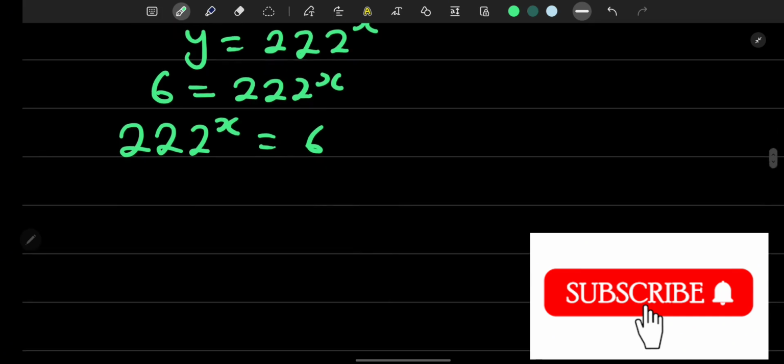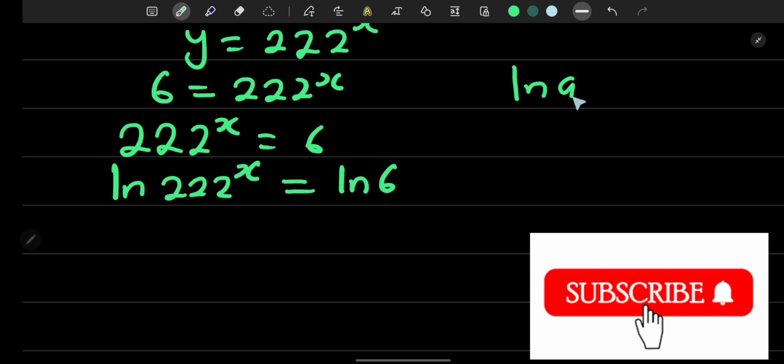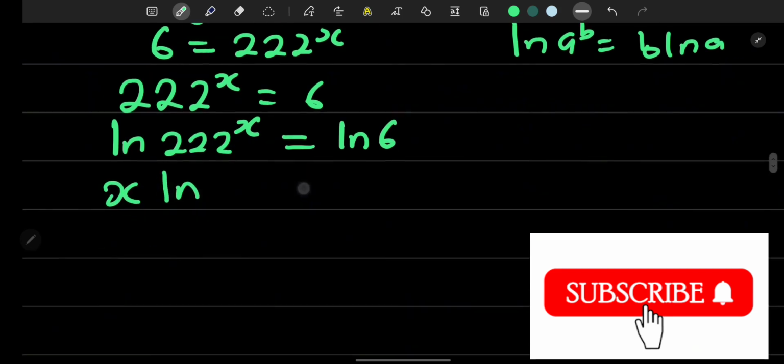Now to get x, what will you do? Yeah, we can take the ln of both sides. ln 2 raised to the power of x equals ln 6. Don't forget, when you have ln a raised to the power of b, this can be written as b ln a. So by implication, this can be written as x ln 2 equals ln 6.